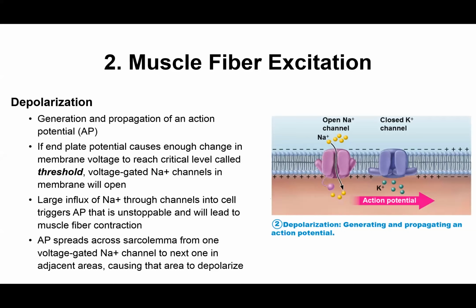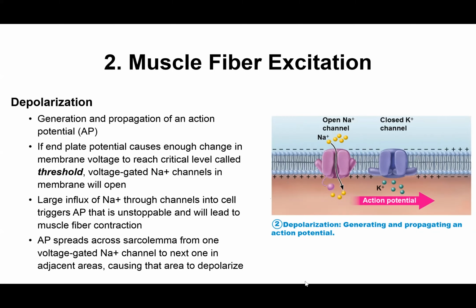And it's going to cause a huge influx of sodium through channels into the cell, which will trigger the action potential that is at this point unstoppable and will lead to muscle fiber contraction.